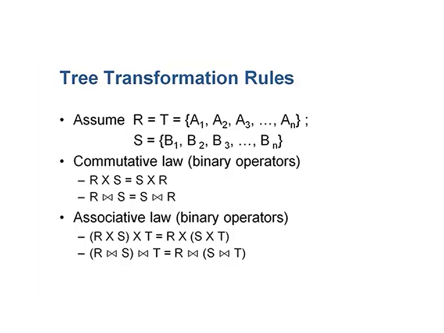R join S, for example, makes R the outer table and S the inner table. S join R makes S the outer table and R the inner table. And why is this important? Suppose that table S has an index on it and table R does not.